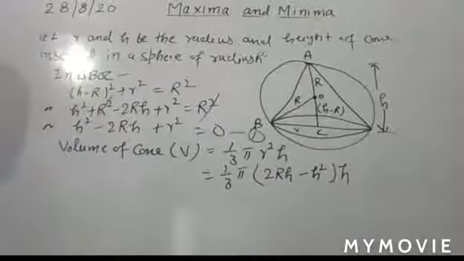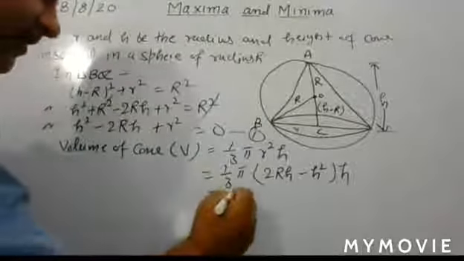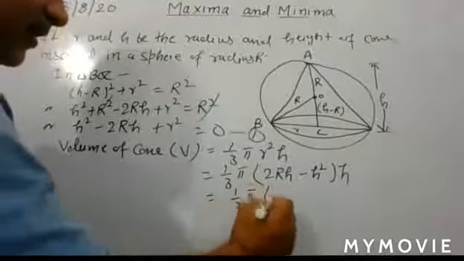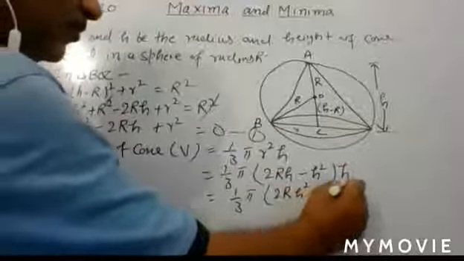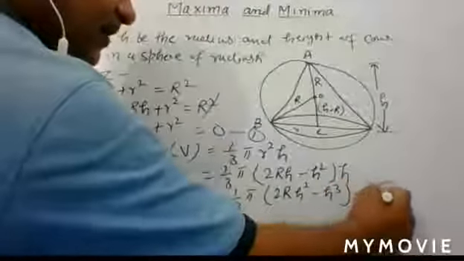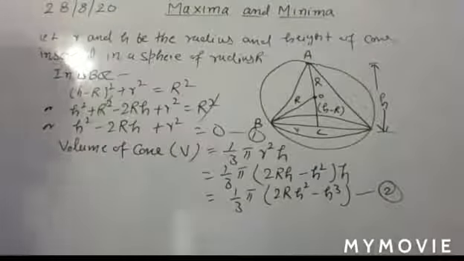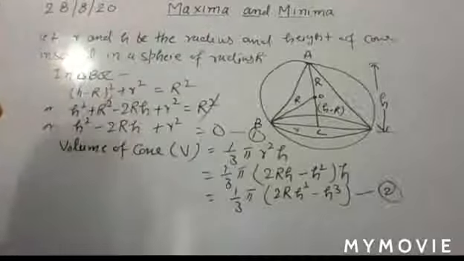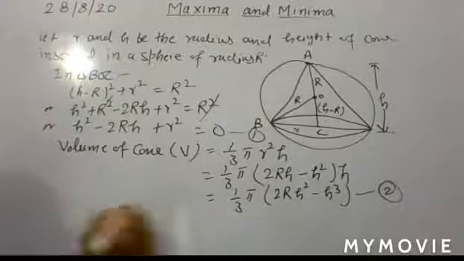Here you use your first equation. Now that can be written as 1 upon 3 pi (2R h square minus h cube), and this is your second equation. In this way, you obtained the volume of the cone in terms of a single variable, h. Now differentiate it.